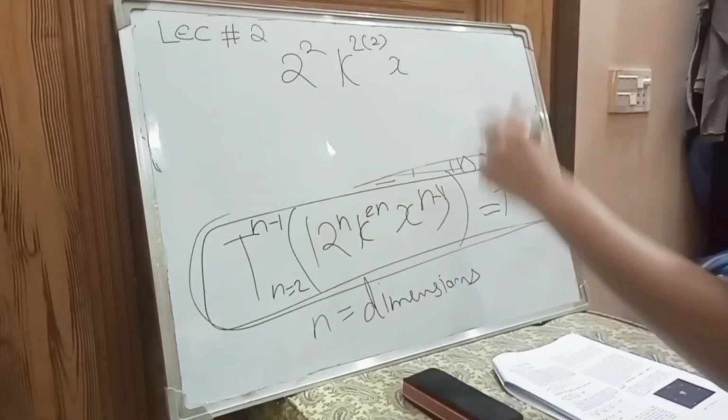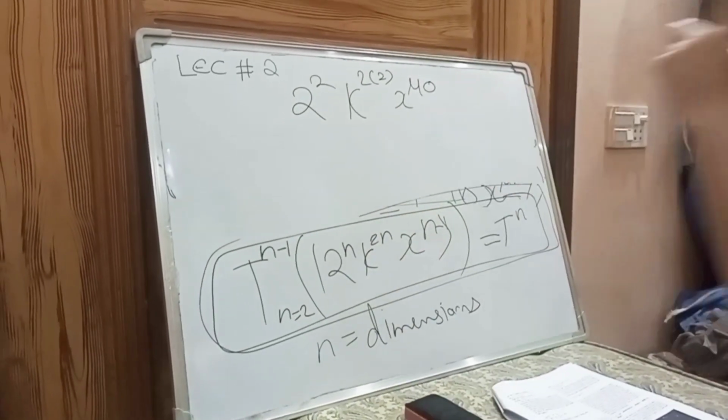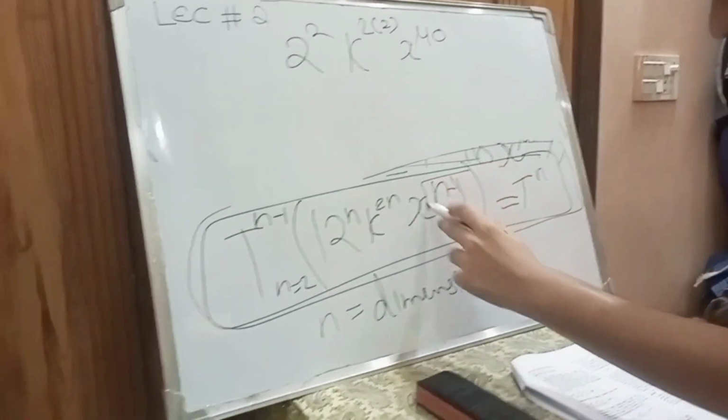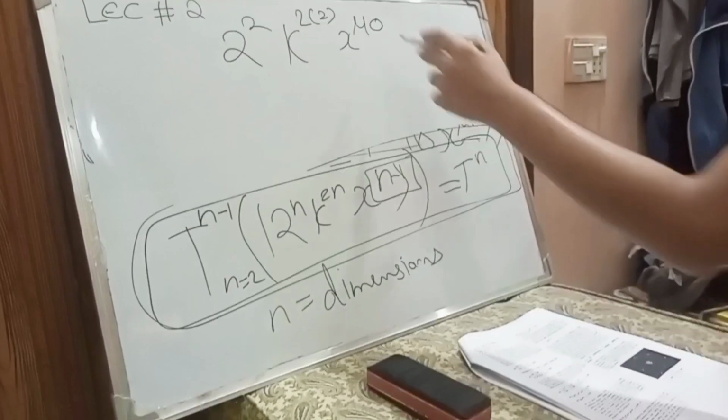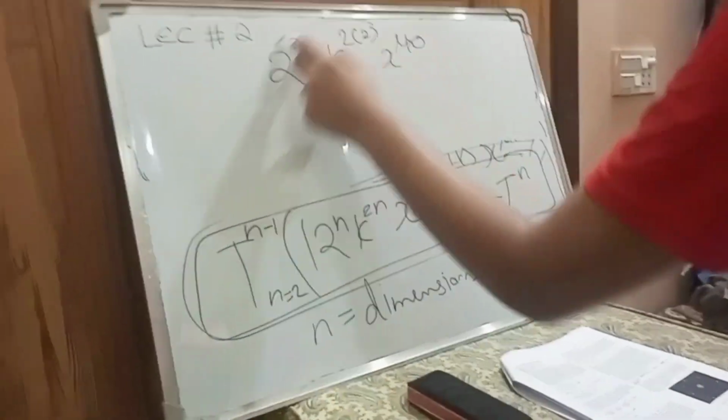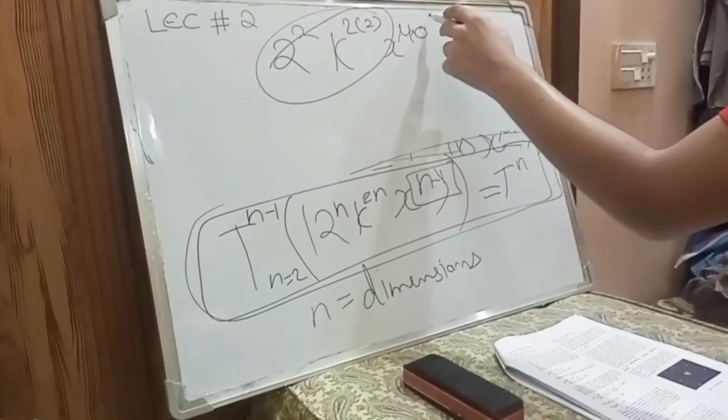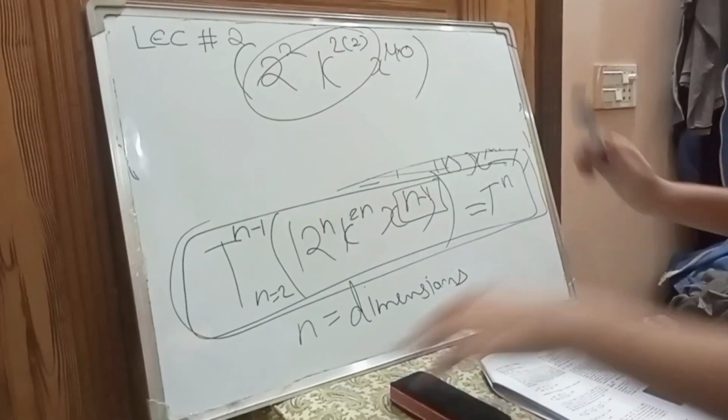And here's a contracted version of this. That's why we have written n minus 1.